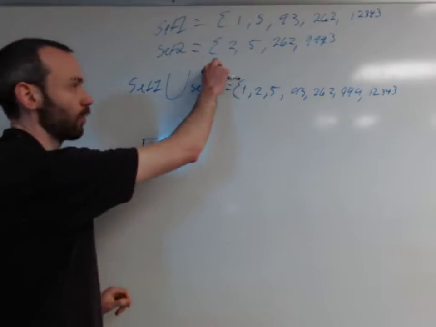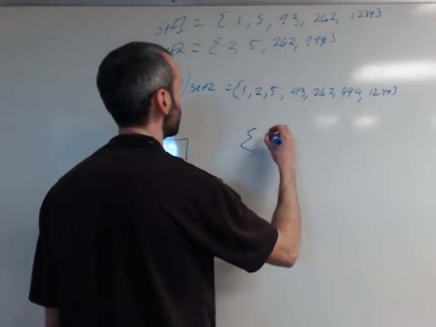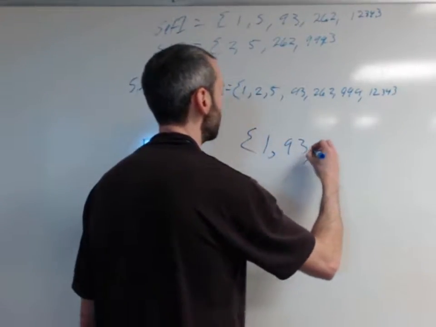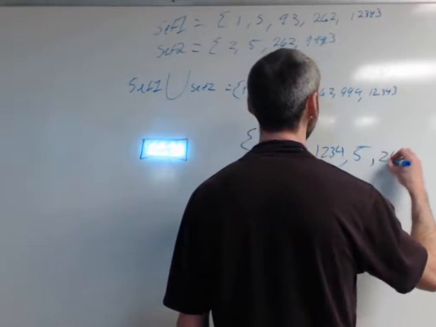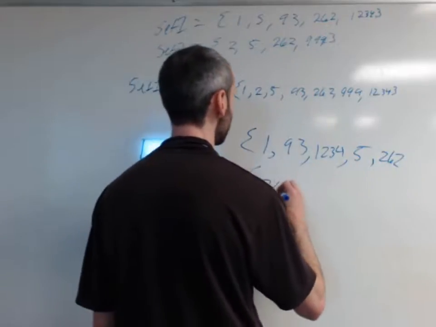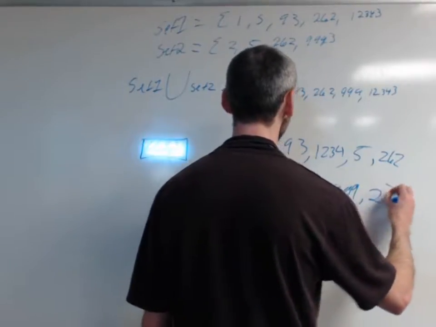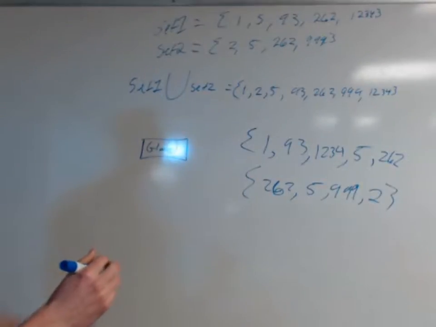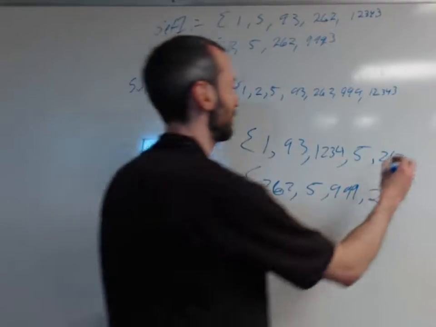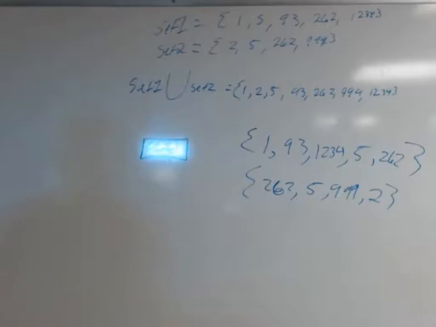If these sets were not ordered, let's say 1, 93, 1, 2, 3, 4, 5, 5, 2, 6, 2, and then 2, 6, 2, 5, 9, 9, 9, 2. I'm just saying if they're unordered, what would be the runtime complexity? N squared. Why would it be N squared if they're not ordered?